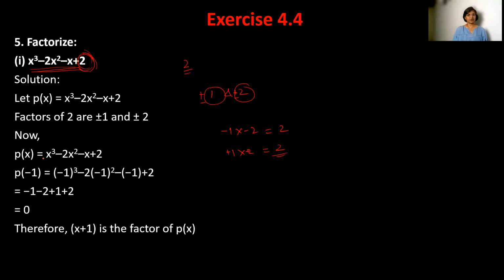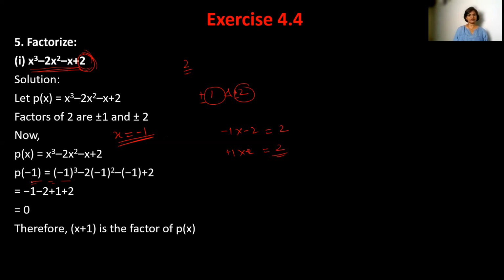Now we will try putting x equals minus 1. We can take any value to put in place of x. So p of minus 1 equals minus 1 whole cube minus 2 into minus 1 and so on.